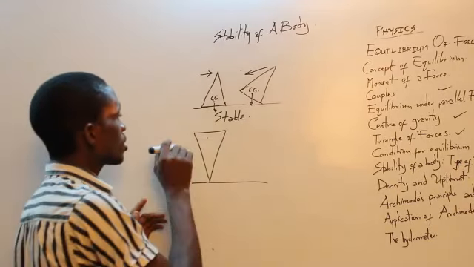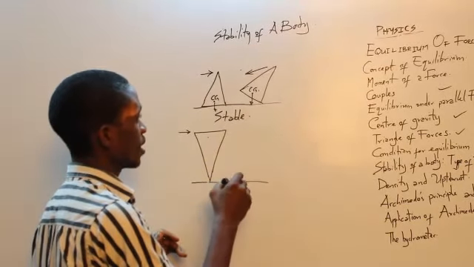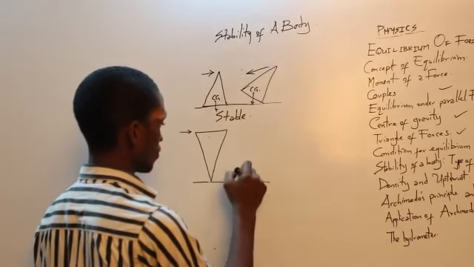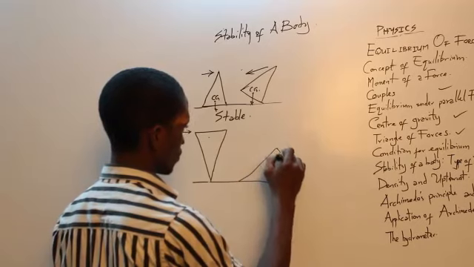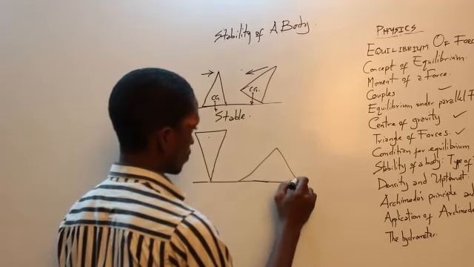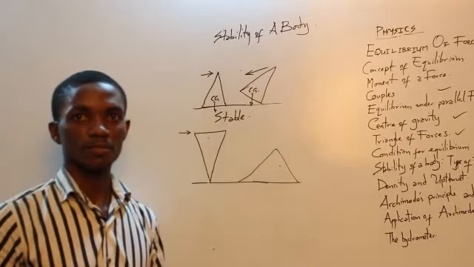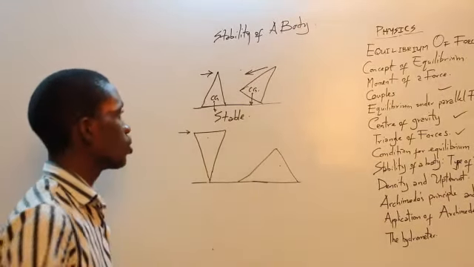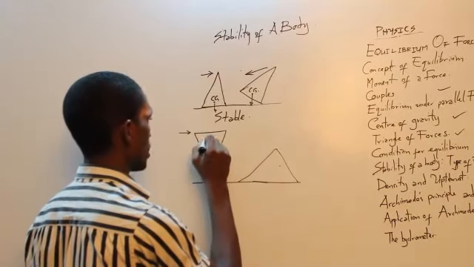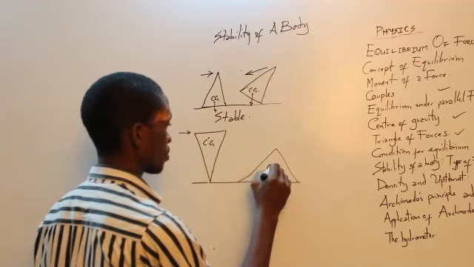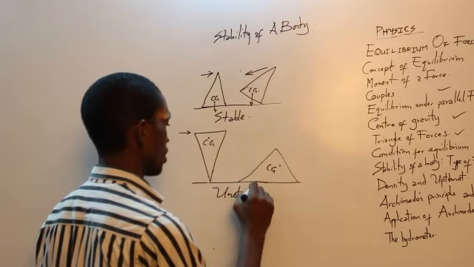Then you just give it a small push from there, and next thing you notice, it falls down completely. It loses its balance completely. That's the center of gravity. This is the unstable equilibrium.